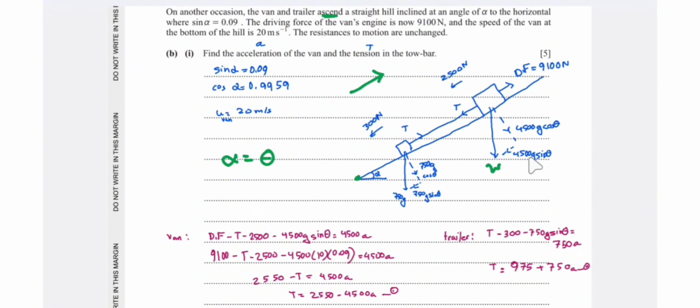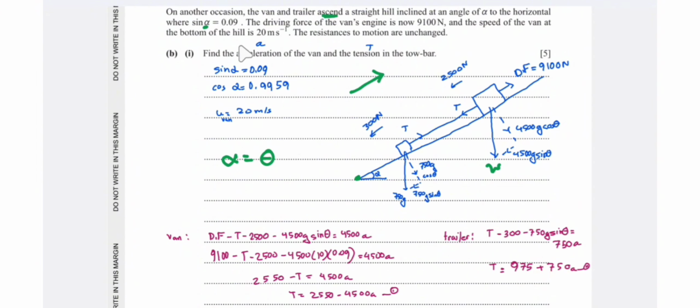So 4500 g sin theta for the opposite and 4500 g cos theta for the adjacent. Similarly, 750 g sin theta for the opposite and 750 g cos theta for the adjacent, where we consider alpha as the value of theta. So we have written all the answers in terms of theta.